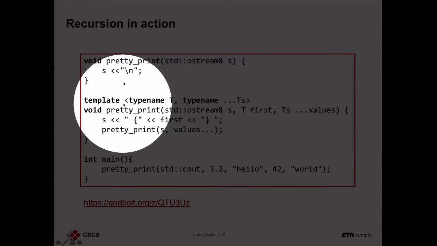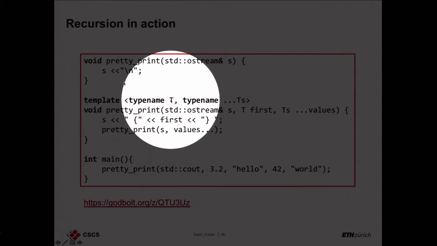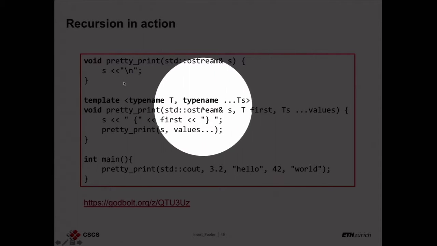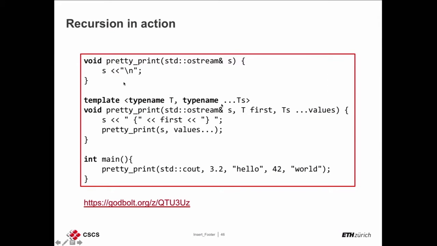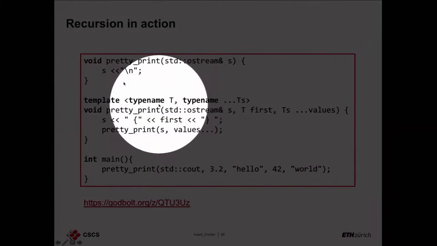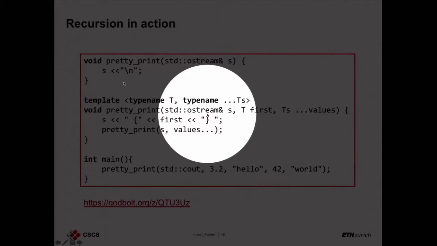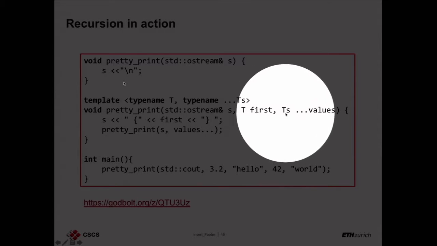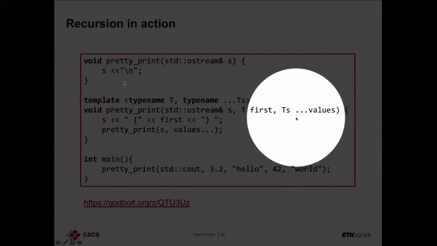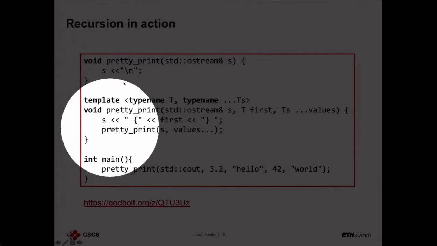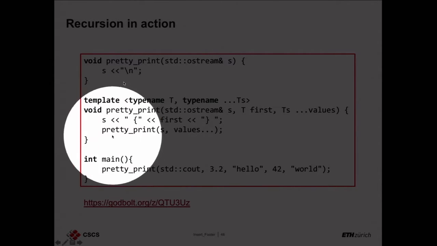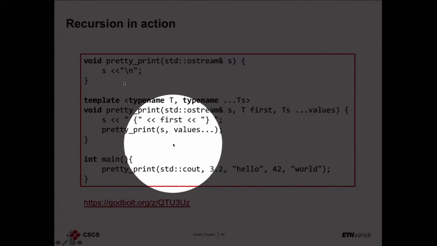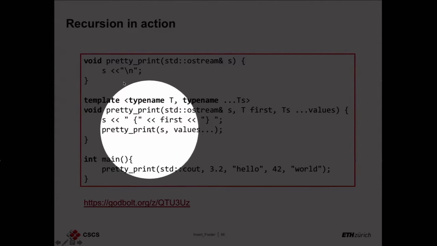I have this pretty print take two template arguments. One is just an argument, and the other one will be a variadic pack. And then the signature of my function takes my ostream, takes the first argument, and then the rest of the list. And then I can say stream output first, and then pretty print with the rest of the values. So it is a recursive call.